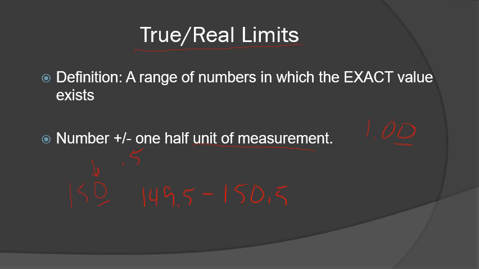We added 0.5 to 150. Again, 1/2 of the unit of measurement. The unit of measurement was the ones. 1/2 of that is 0.5. We added and subtracted 0.5. Now our real limits for your weight, if your weight is 150, your actual true weight is going to be somewhere between 149.5 and 150.5.